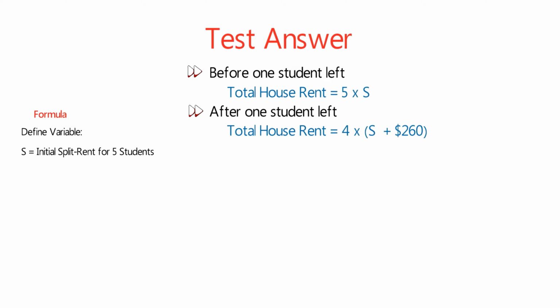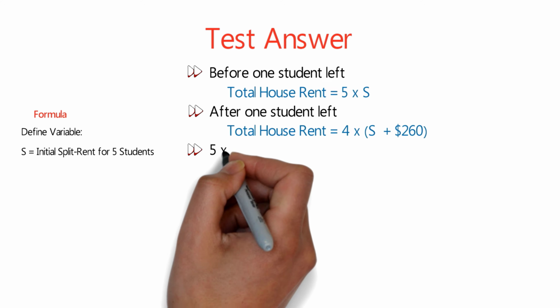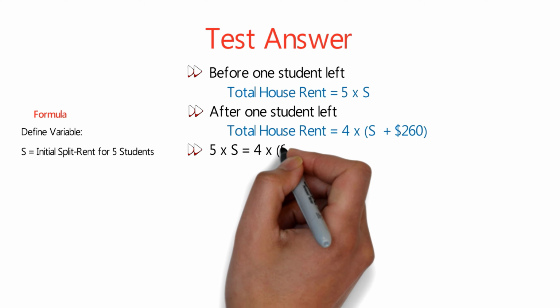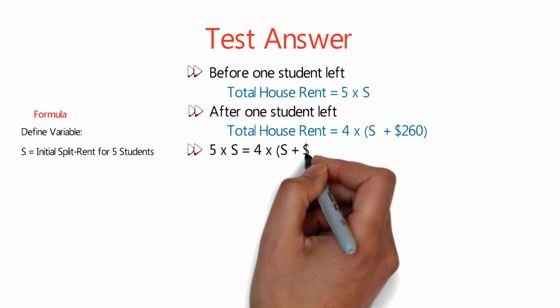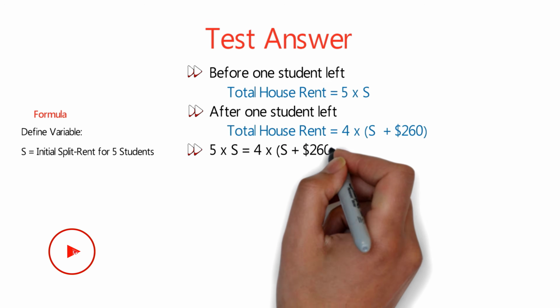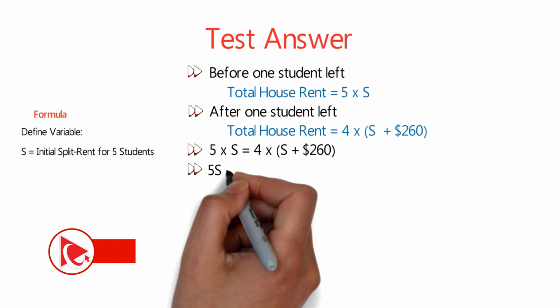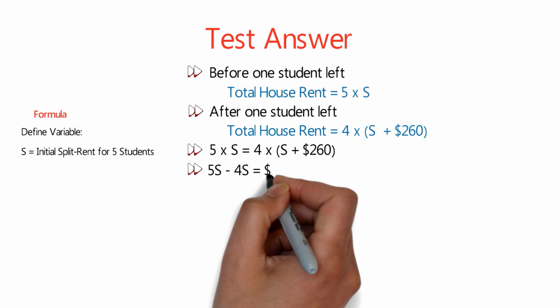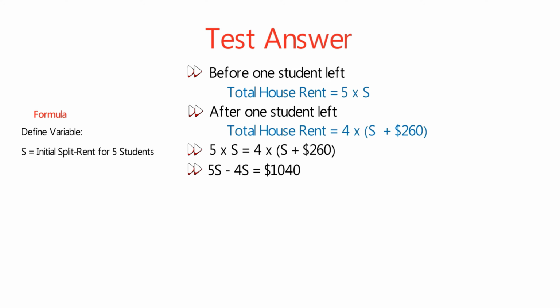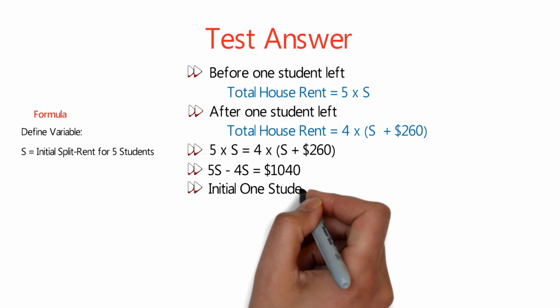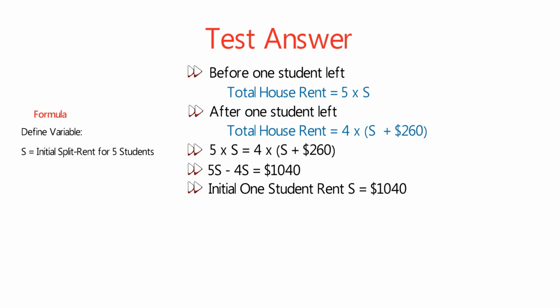Using both approaches, we can create an expression. 5 multiplied by S equals 4 multiplied by the value in parentheses S plus $260. Once we simplify it, we'll get to the equation 5S minus 4S equals $1,040, which means that S equals $1,040, which represents the initial one student rent.